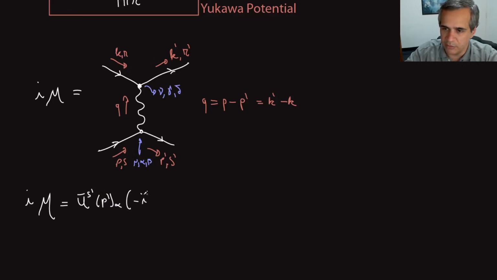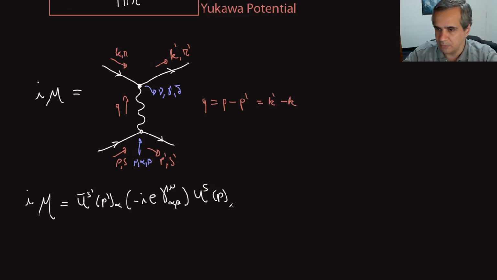This is just the coupling of QED, but I have gamma mu alpha beta, which are the spinor indexes, then u S P with index beta. Now for the propagator for the photon, I'll take the simplest gauge, which is just g mu nu over P minus P prime squared, which is Q squared. So minus i g mu nu over Q squared.